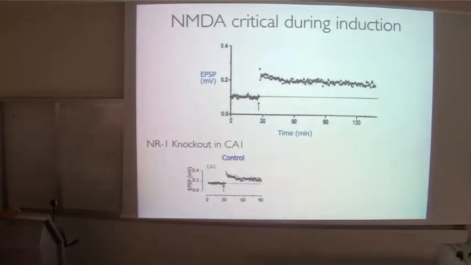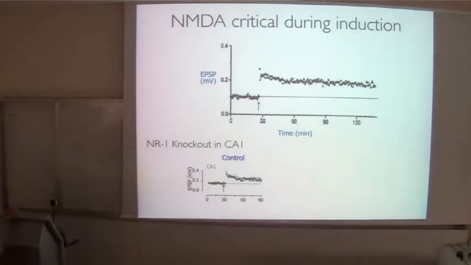People have shown that at least in some cases, like in CA1 pyramidal neurons, Schaffer collaterals, LTP, the NMDA receptor is critical to get the LTP.